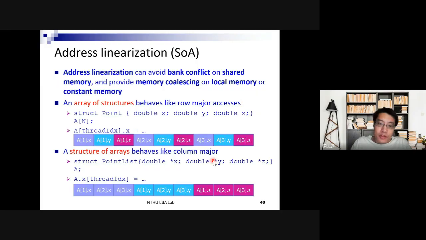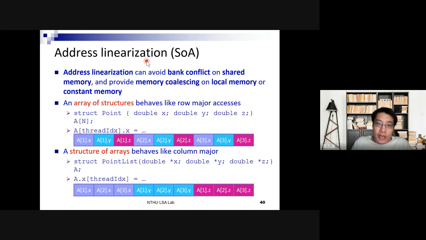All right. So finally, we will talk about address linearization, because as we mentioned, for bank conflict and memory coalescing or coalesced memory access, if you have a linearized memory access pattern, then it's likely you can minimize those two problems, or maximize the performance on the shared memory as well as the global memory.